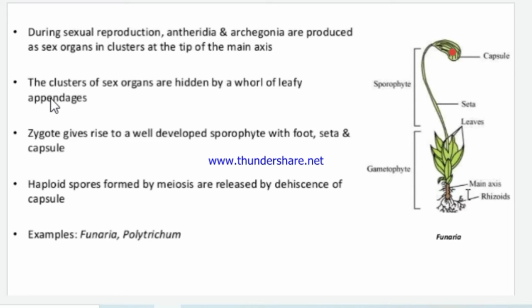The haploid spores are produced by meiosis in these capsules, and upon the dehiscence of capsules, those spores are released, which deposit at a conducive surface and give rise to a new gametophyte. So the examples of mosses are Funaria and Polytrichum.